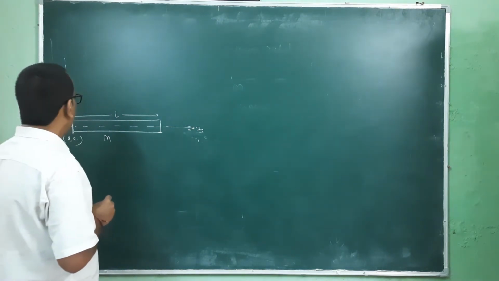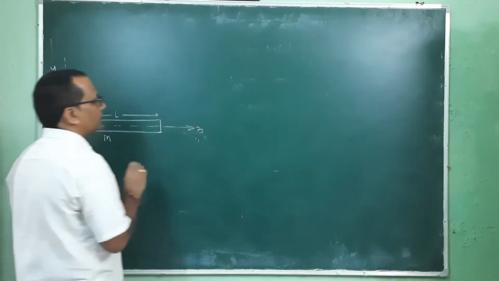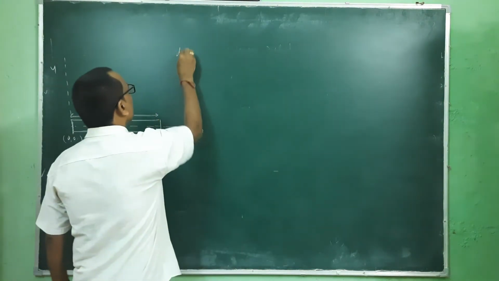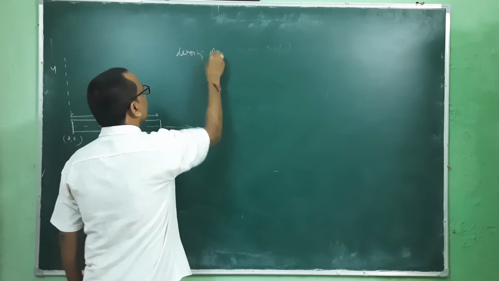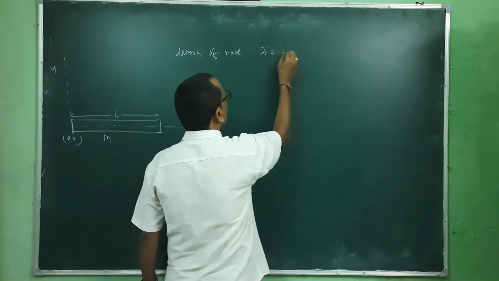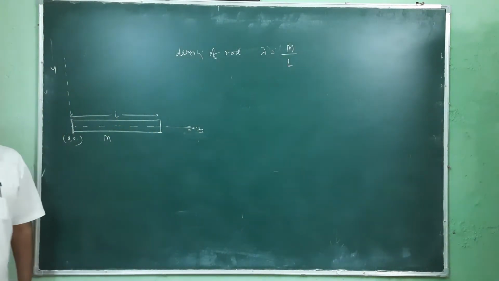So first the density will be the linear density of the rod, that is lambda is equal to m by L, mass per unit length.